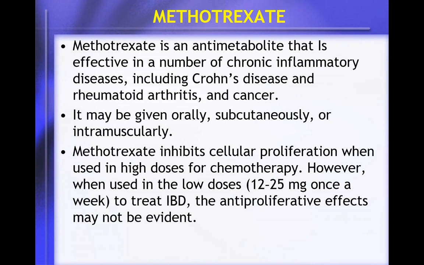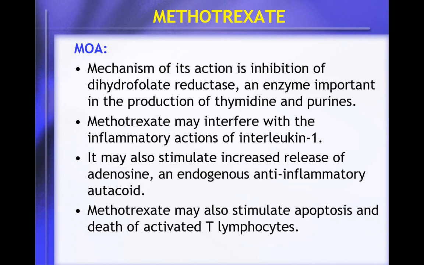However, when used in low doses, means 12.5 to 25 milligram or 15 to 25 milligram once a week to treat inflammatory bowel disease, the anti-proliferative effects may not be observed. Mechanism of action of methotrexate is inhibition of dihydrofolate reductase enzyme, which is important in the production of thymidine and purines.